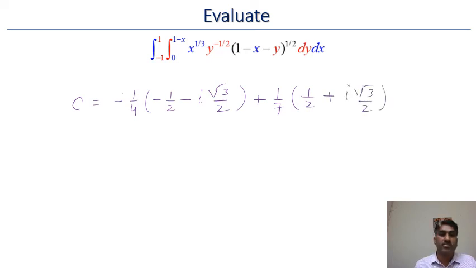Now you can simplify this further. So this is 1 by 8 real parts. I am collecting real parts first: 1 by 8 plus 1 by 14. So this is the real part.